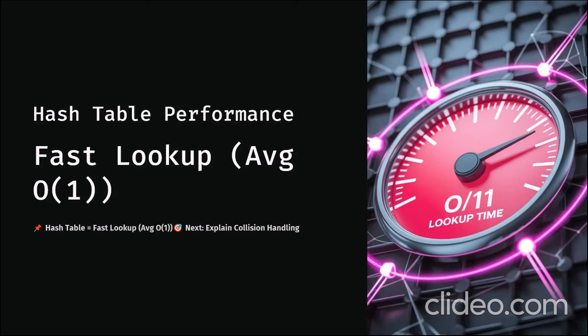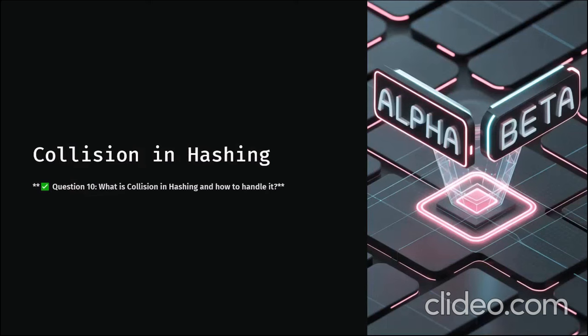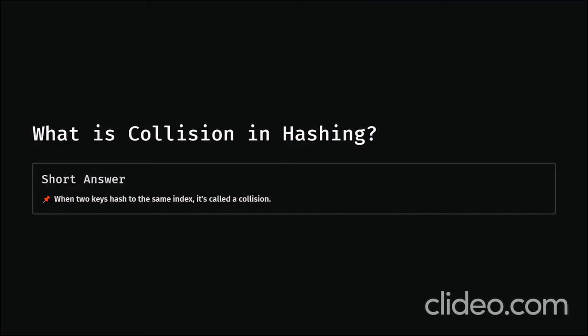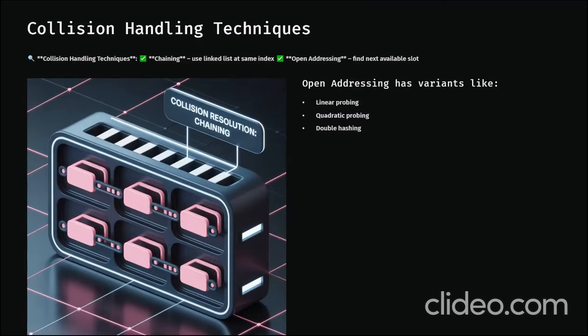Let's next explain what is collision in hashing and how to handle it. When two keys hash to the same index, it's called a collision. Now collision handling techniques: chaining, use a linked list at the same index, and open addressing, find the next available slot.